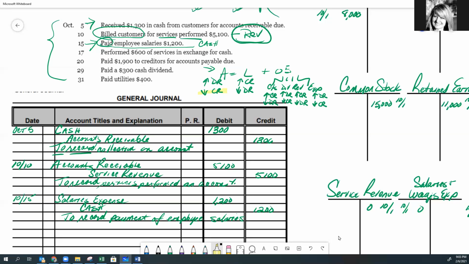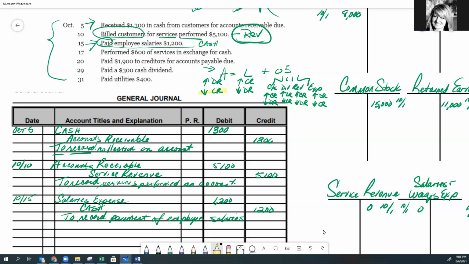And then our third rule is that the total of our debits must equal the total of our credits. Well, so far we've had only one of each, and they have equaled. So in this problem, I don't think we have any more than, for each one of these transactions, 1 debit and 1 credit. But just remember, you have to have in each journal entry, all of your debits equal the total of all of your credits, okay, no matter how many you have.